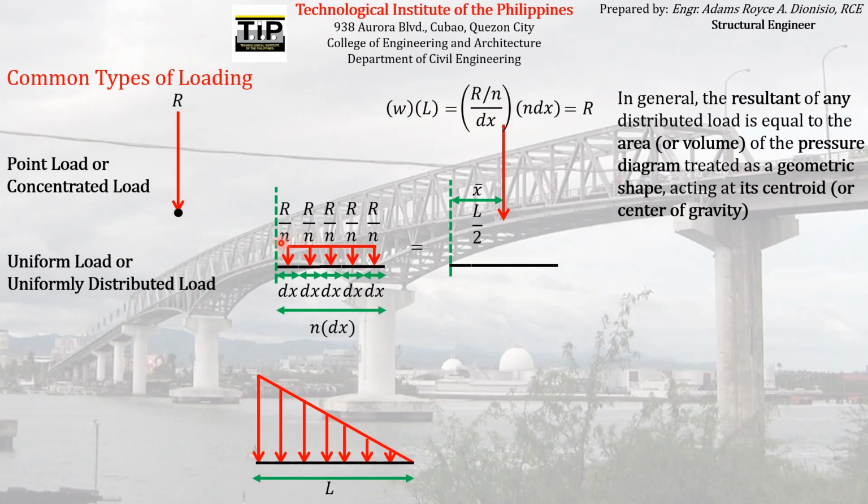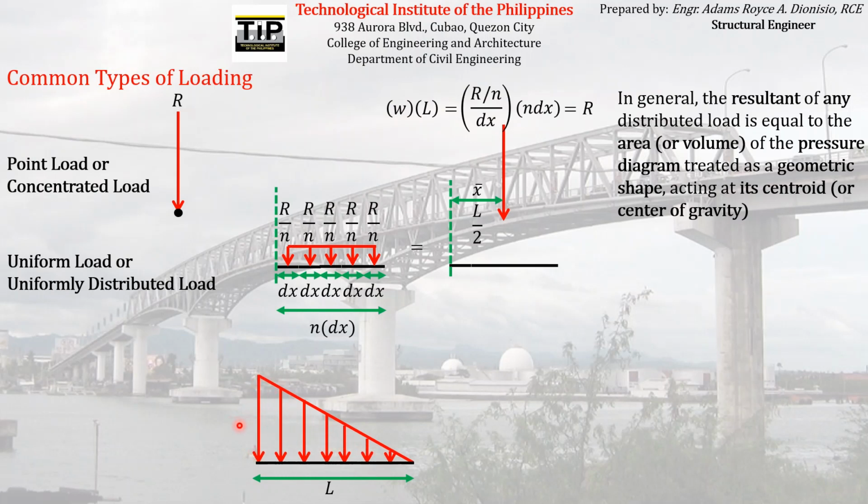Unlike this, kanina pare-parehas eh. So, hindi na siya pare-parehas. Actually, it varies na. At it varies along the length. And specifically, it varies linearly kung mapapansin nyo no? Parang linear lang eh. So, yung pagbabago ng magnitude ng pressure na yan per length is nagba-vary linearly.